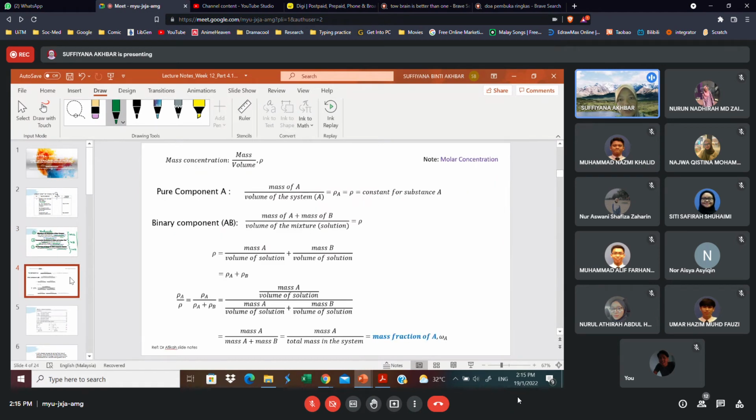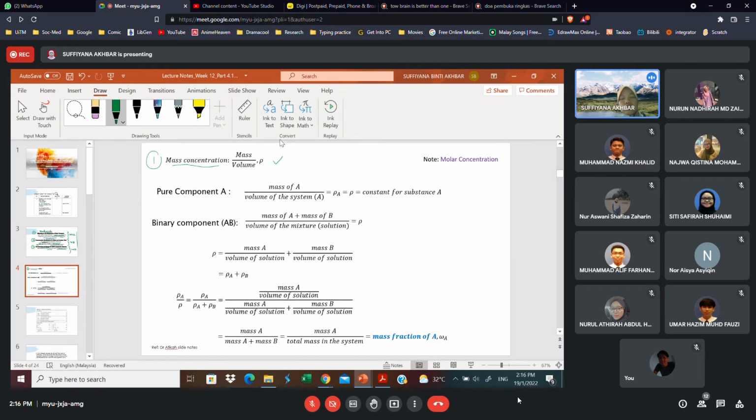Before we go further, there are a few terms that we need to know before we can proceed with mass transport. The first term is the mass concentration. So mass concentration basically is the density. Density is equal to mass over volume.